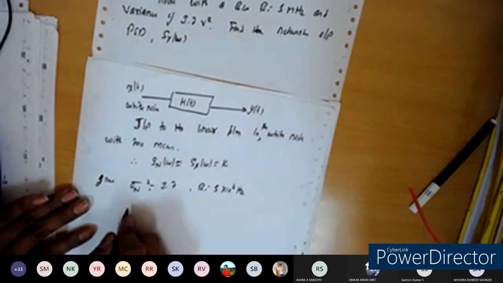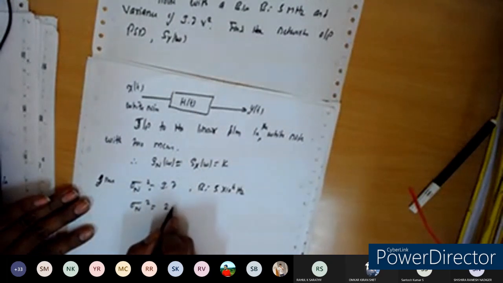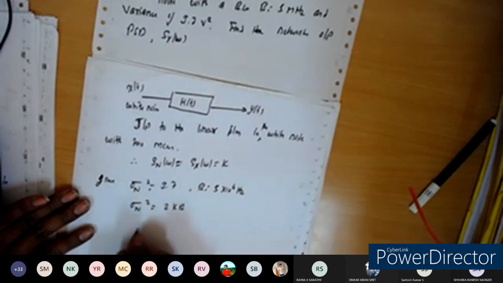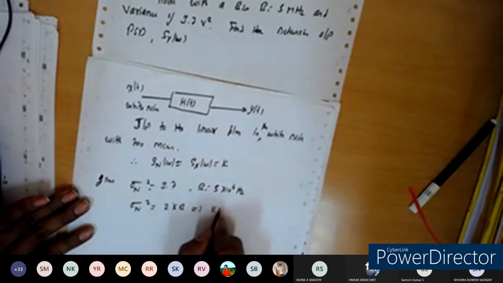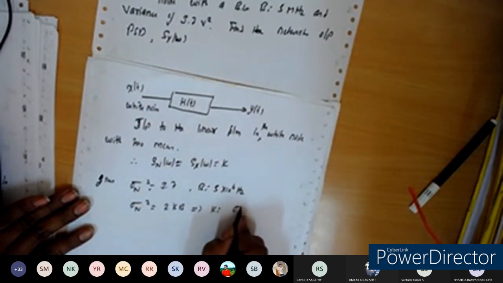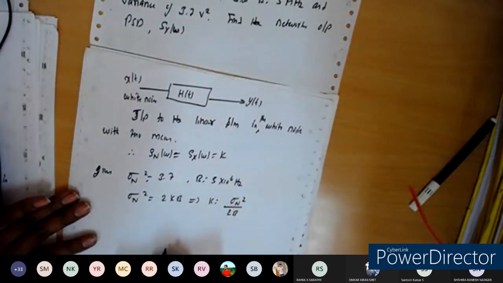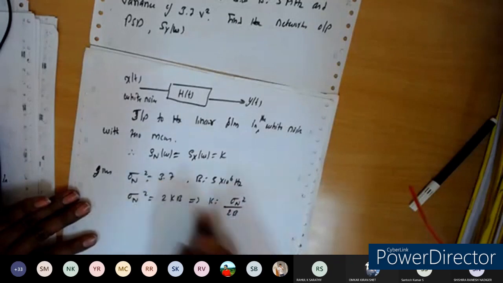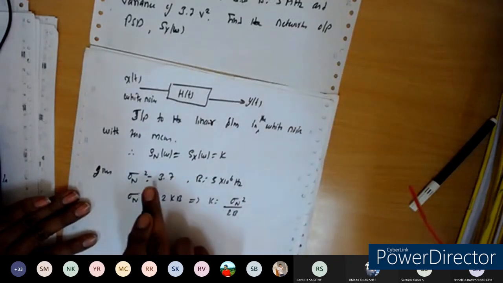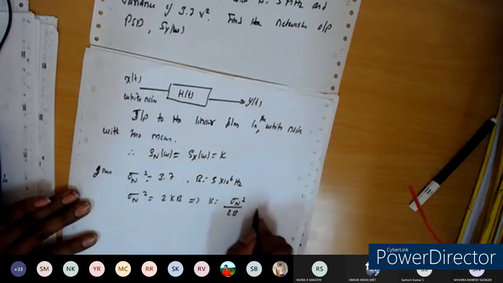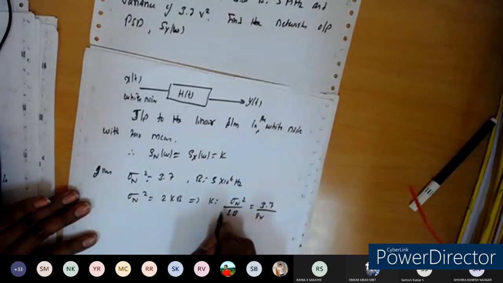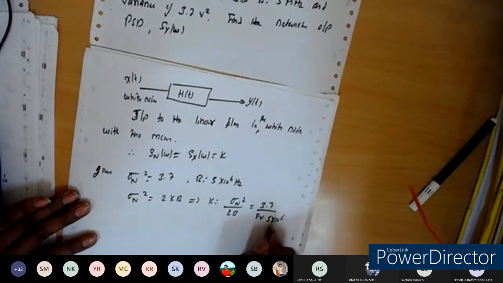And we know that sigma n square is equal to 2k into B, a formula we have already defined. So from this we can obtain k. k will be equal to sigma n square divided by 2B. Sigma n square is 3.7, so k is equal to 3.7 divided by 2 times the bandwidth, 5 into 10 to the power of 6.